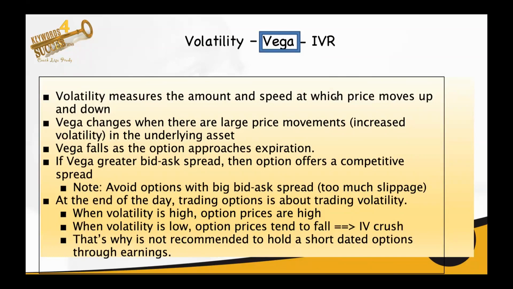So when you buy an option, look at Vega. If the IVR is very high, above 0.5, which is 50%, that means the option is expensive. Professional option traders buy options when the IVR is around 25 or below. If it's above, they sell options to collect premium.